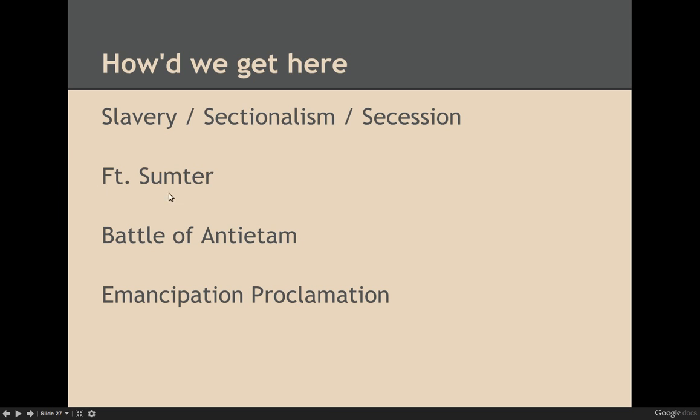And then there was the battle, I'll call it a battle, but more of maybe a raid at Fort Sumter in South Carolina, and then the Battle of Antietam in 1862, which killed off a lot of troops on both sides, and then the Emancipation Proclamation, which freed all the southern slaves in early 1863.